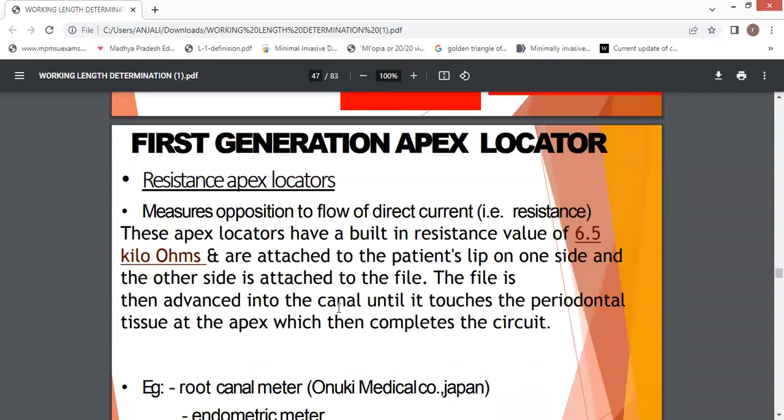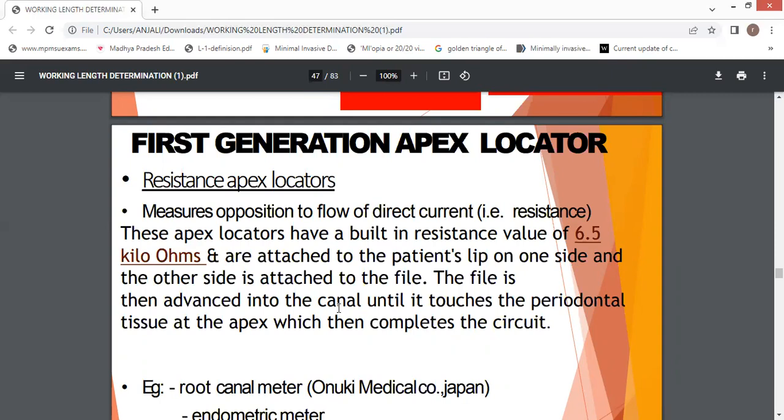First generation apex locators, resistance apex locators, measure opposition to the flow of direct current, i.e. resistance. These apex locators have a built-in resistance value of 6.5 kilo ohms and are attached to the patient's lip on one side, and the other side is attached to the file.